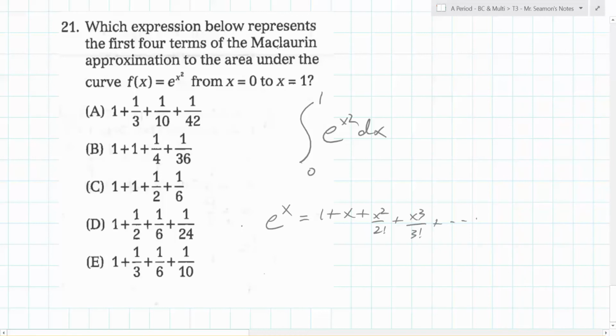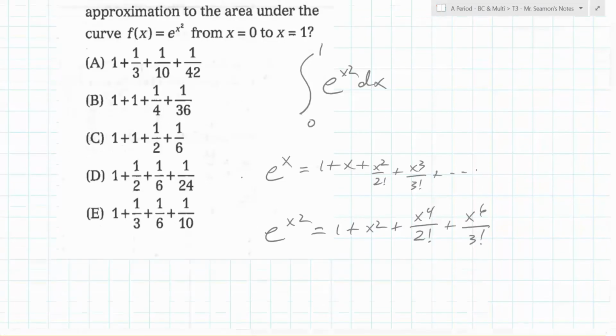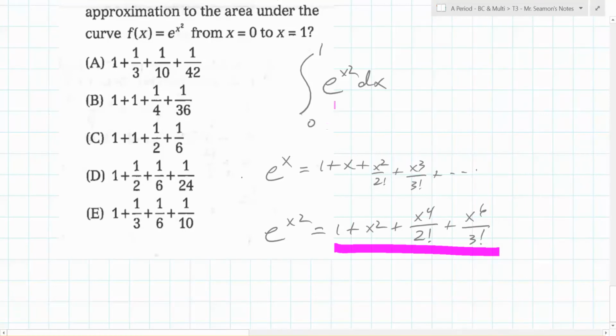So what does e to the x squared equal? 1 plus x squared plus x to the 4th over 2 factorial plus x to the 6th over 3 factorial. So all we're doing is taking this and plugging it in right there.